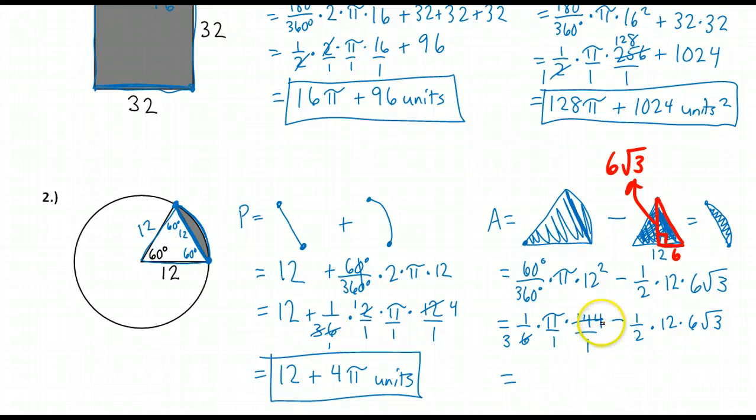And if I take 4 and divide by 2, I get 2. So it's going to be 72.